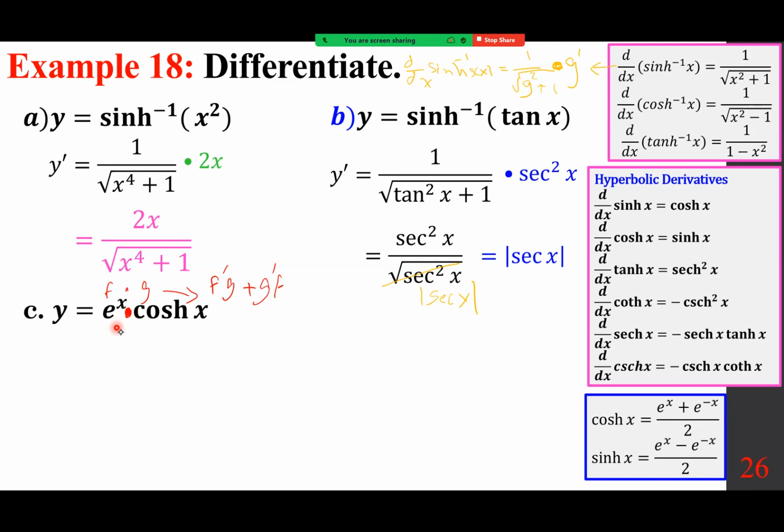So e to the power of x is itself times the second piece, whatever it is, cosh x. Now plus g prime, the derivative of cosh x is sinh x, times the first piece e to the power of x. And since e to the power of x is in common, I can factor e to the power of x out.